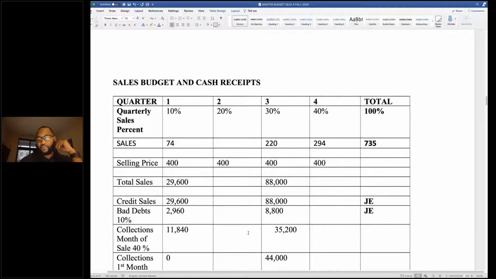Under the raw materials ink budget, doing the payment in the month following the purchase, is it 25%? What's the percentage for the payment in the month following the purchase? I don't know, that's why I'm asking. He should have given it to you. It should be either 75 and 25, or is it the same one that's in the sales budget and the cash receipts?